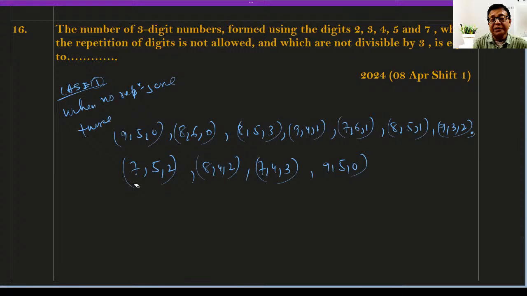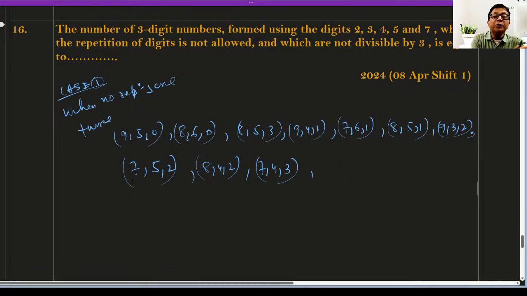Oh, 950, I have taken already. So when no repetition is there, these are the required cases.